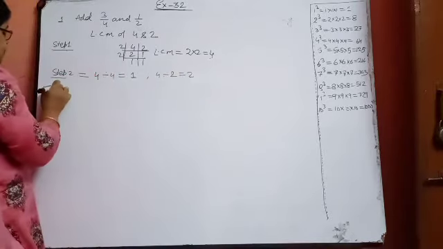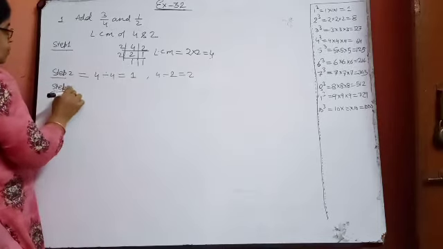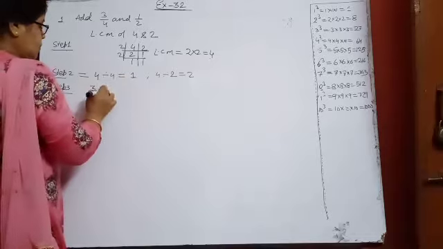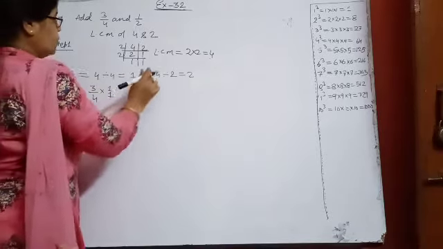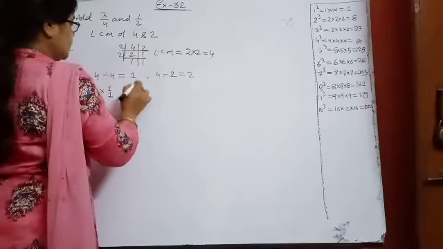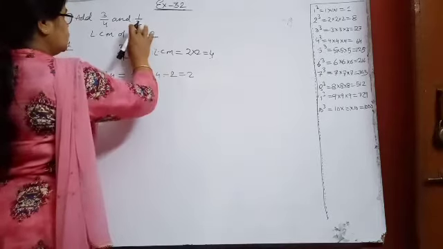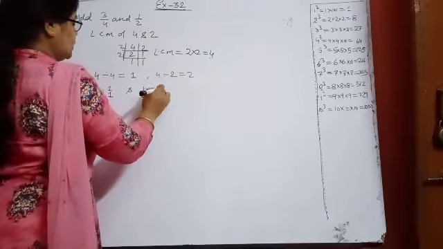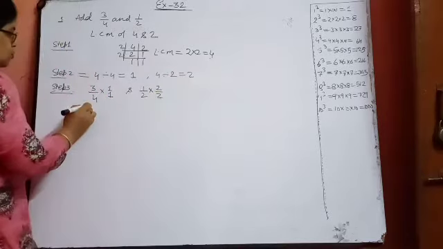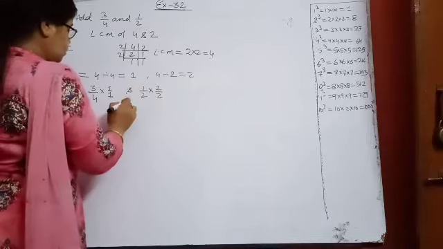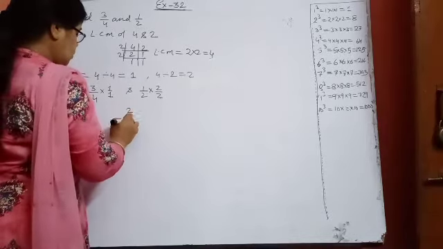Step 3: the first fraction 3 upon 4, what quotient did you get? 1, multiplied by 1 upon 1. And 1 upon 2, when you divided by this 2, what did you get? 2. So you multiplied by 2 upon 2. So 3 ones are 3 upon 4 ones are 4, and 2 ones are 2 upon 2 twos are 4.